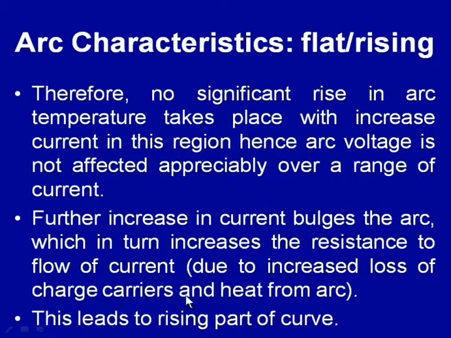This increase in the path through which current will have to flow leads to increased losses of the charged particles and the heat from the arc, which in turn decreases the particle density in the arc zone. This reduced particle density decreases the electrical conductivity, which in turn increases the arc voltage, and this leads to the rising part of the curve.